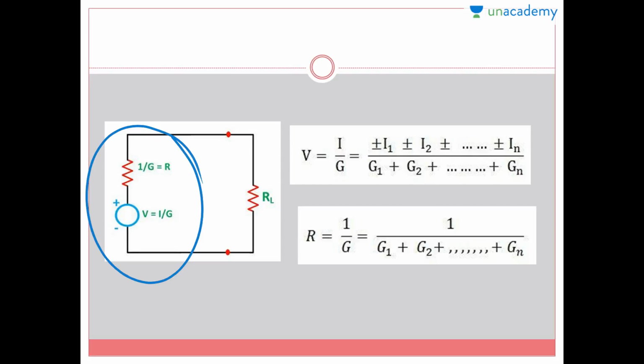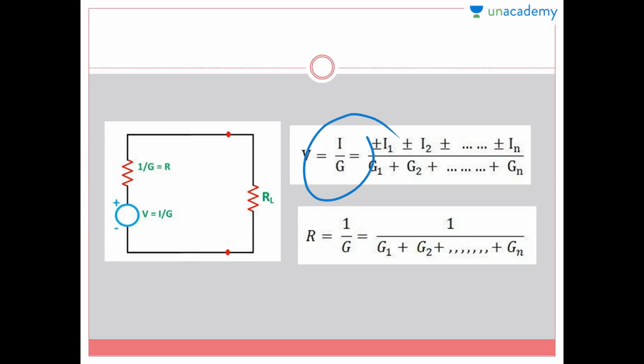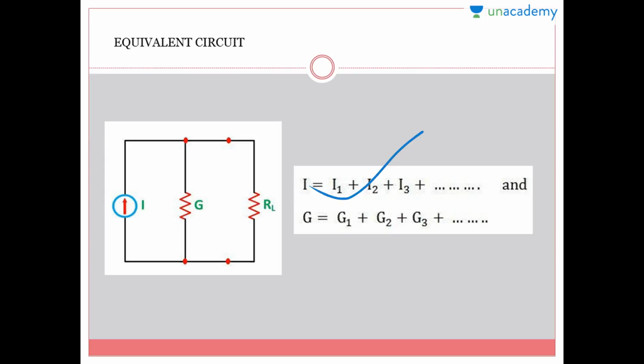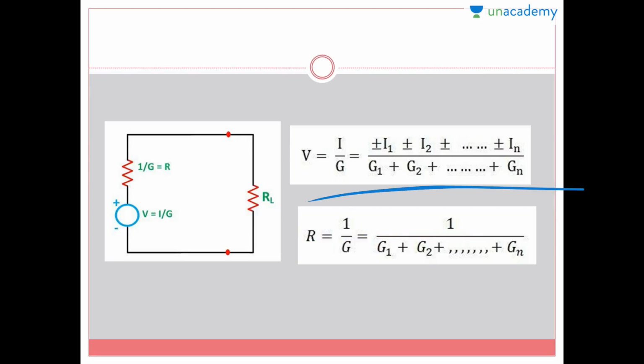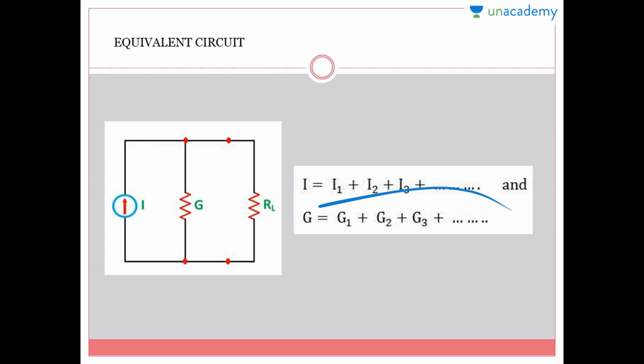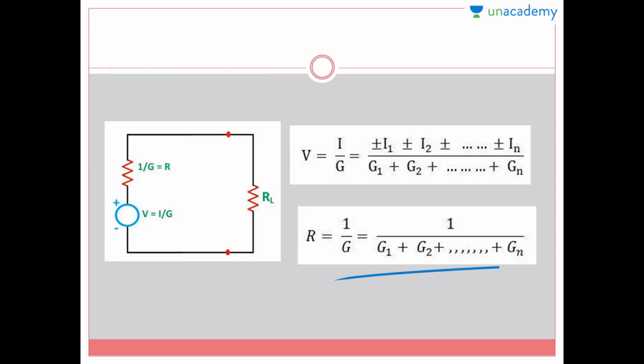In order to find the voltage V, you'll write I upon G. And you can also write I1 plus I2 plus I3, this I value, and divide it by the G. You know the G value, that is the conductance G1, G2, G3. Now, in order to find our resistance R, it is 1 upon G, so 1 upon the total conductance, which is G1 plus G2 plus G3. So we'll add up like this.